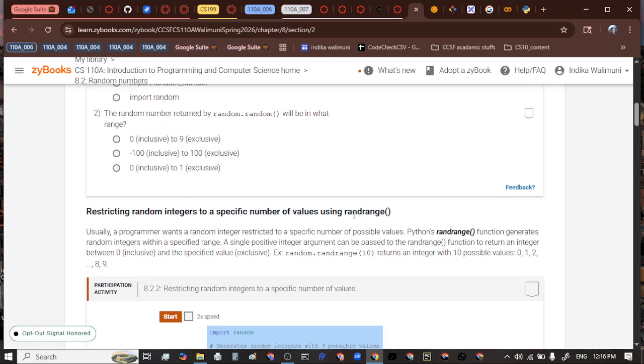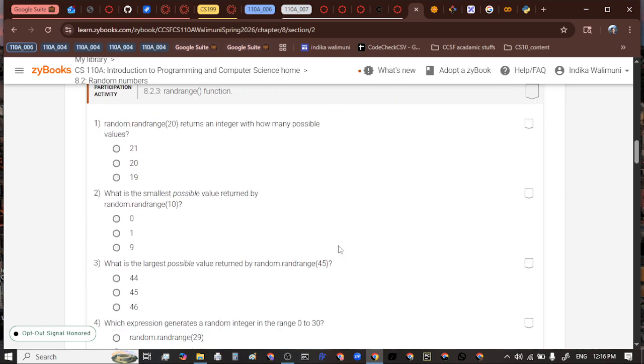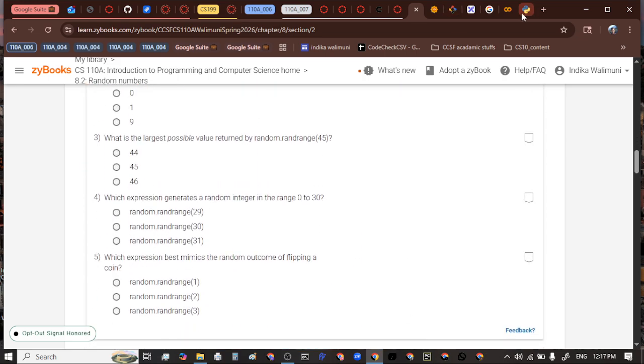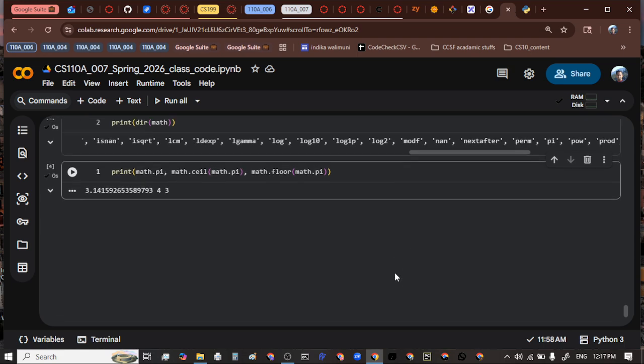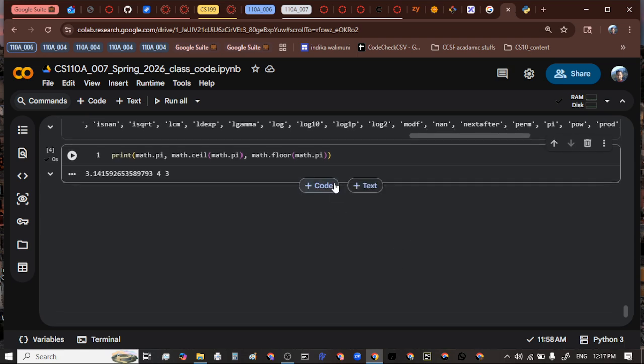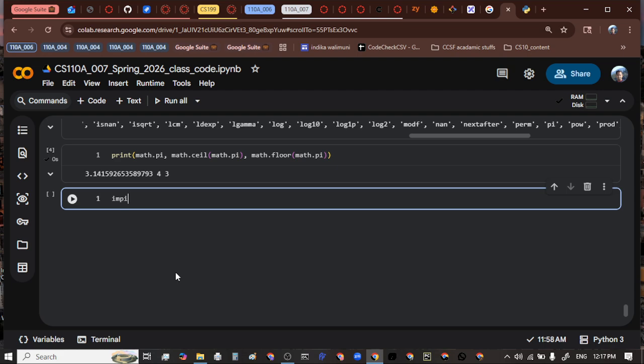And then we learned earlier, right, randint and randrange. So let's open the random module. Import random.